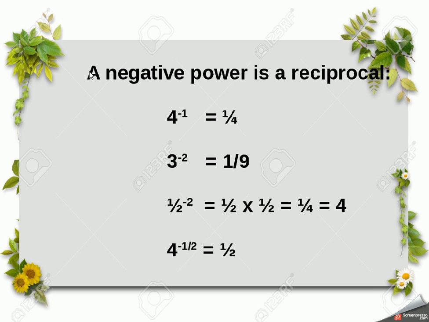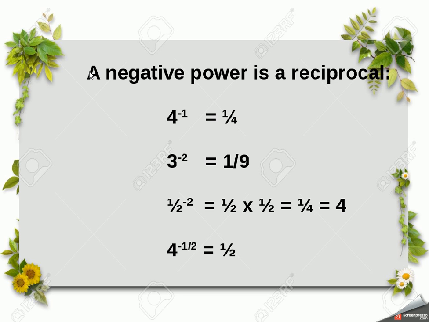Another little example here is 4 to the power of -half. Well, for the denominator, like we saw in the fractional powers, the denominator tells us how to root it. So we've got to do the square root of 4 because it's the root to the power of 2, which is the square root of it.